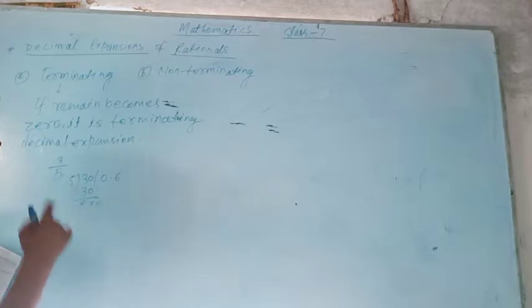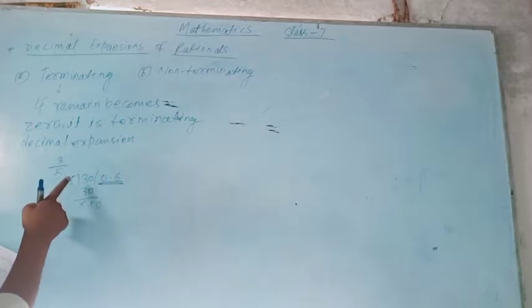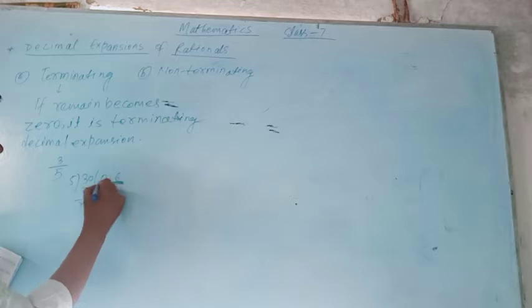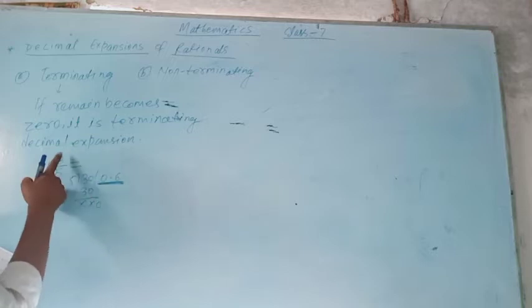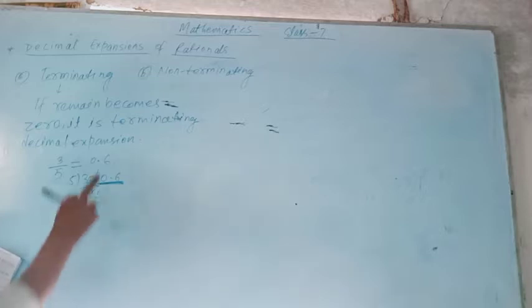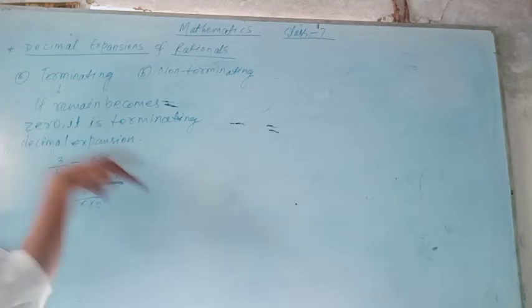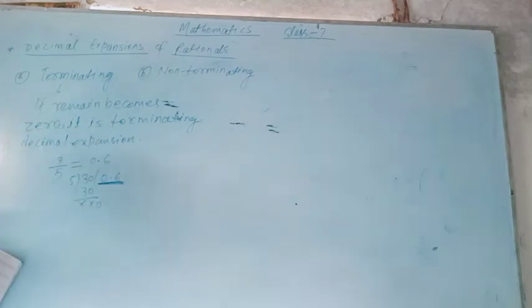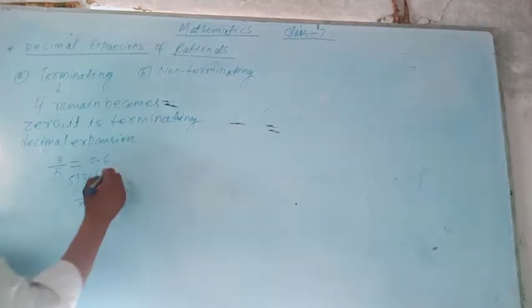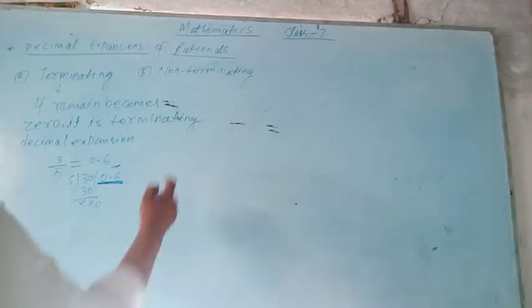It means the remainder is 0, and the decimal expansion of 3/5 ends here at 0.6. So the decimal expansion of 3/5 is 0.6, which is terminating. Terminating means a stopping of decimal expansion. Okay, 3/5 is equal to 0.6.